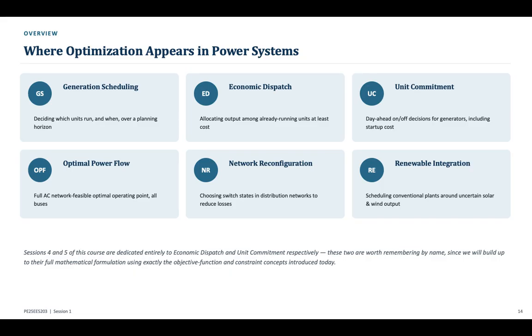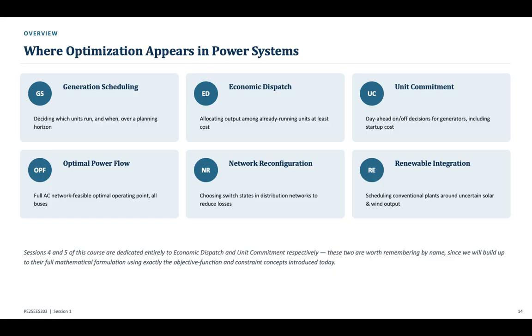So now we can see where exactly optimization appears in our power system. Generation scheduling: we can take each one of them, and then you have economic dispatch and unit commitment. Generation scheduling is deciding which units run and when over a planning horizon.